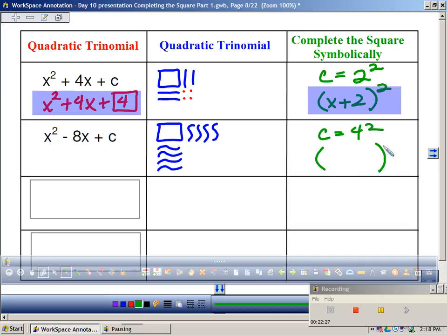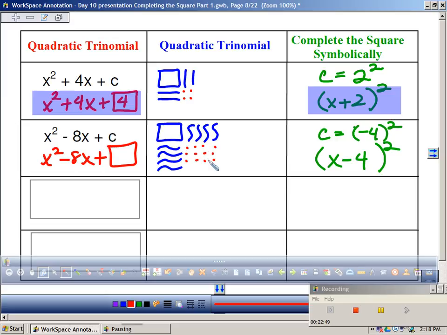So my perfect square binomial must be x, and it's not +4, it's -4, right? Because they're squiggly. X minus 4 squared. What would that look like over here? X squared minus 8x, what would this have to be? 16. 1, 2, 3, and so on up to 16. Oh, so you take half of the answer.